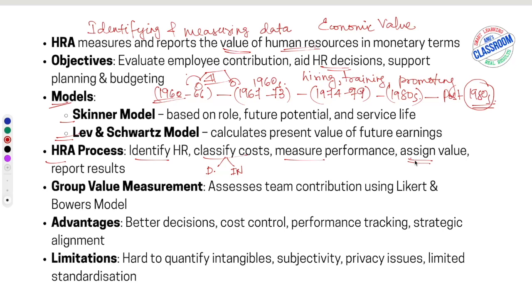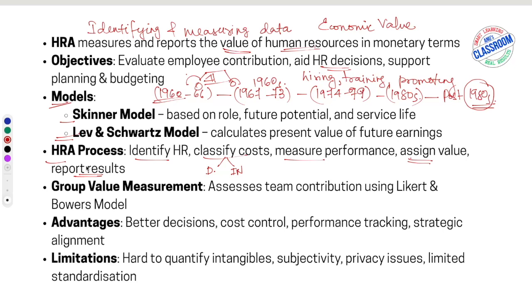At least you have heard these terms, right, in earlier semesters? So using these methods, we will assign a value. Then we will create a report, summarize all these results, and communicate it to the management so that they can do their planning. So in short, HRA involves gathering the data, calculating the value, and using those insights to improve decisions.